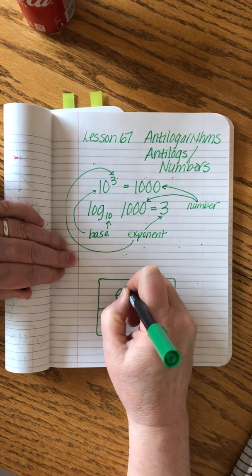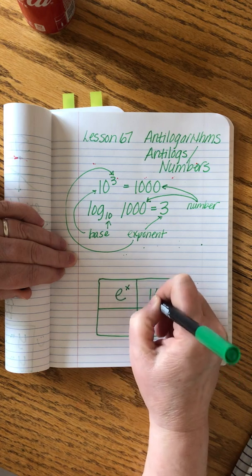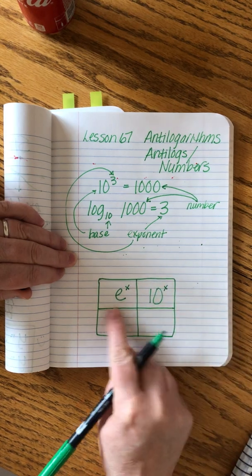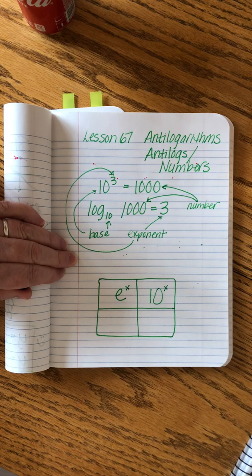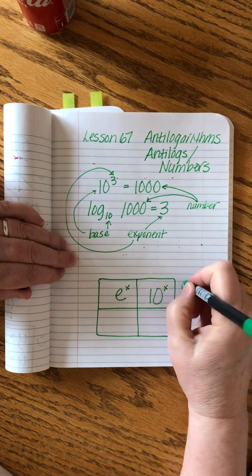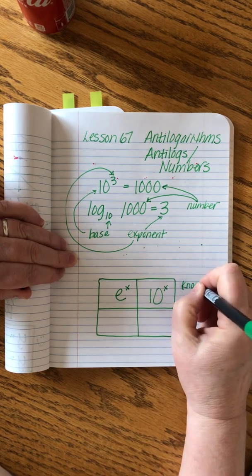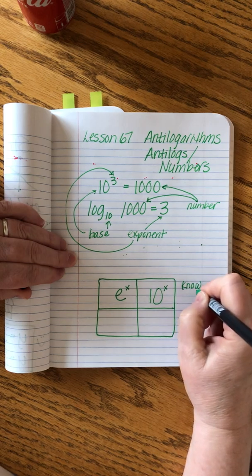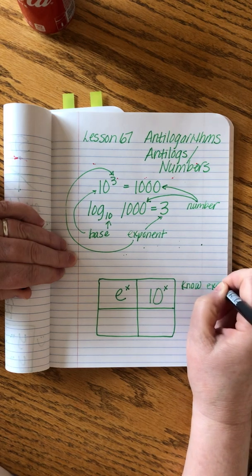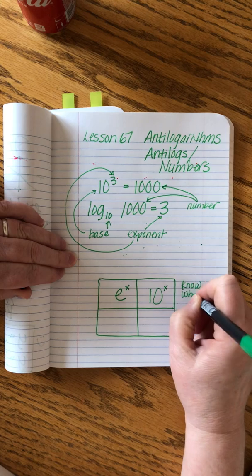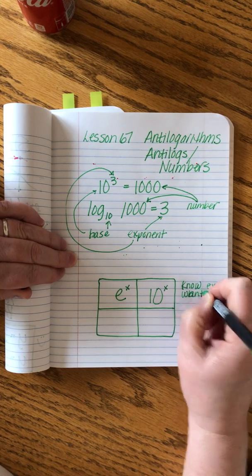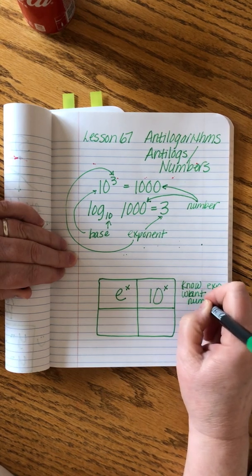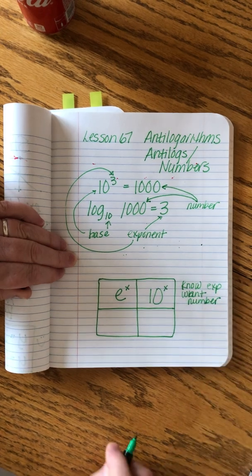Okay. These are the 2 buttons that help us when we know the exponent and we want the number, okay?